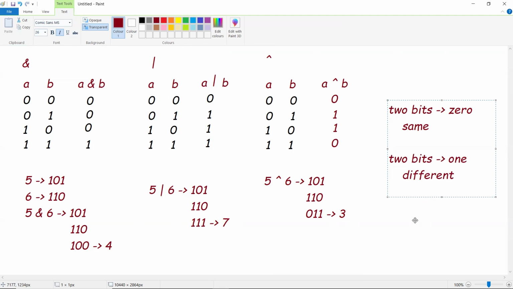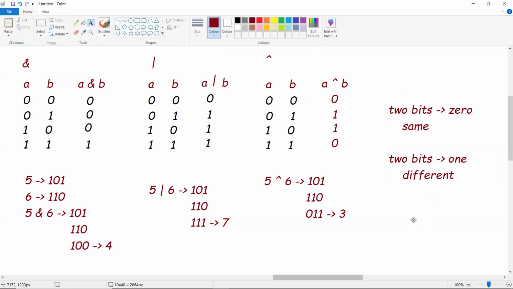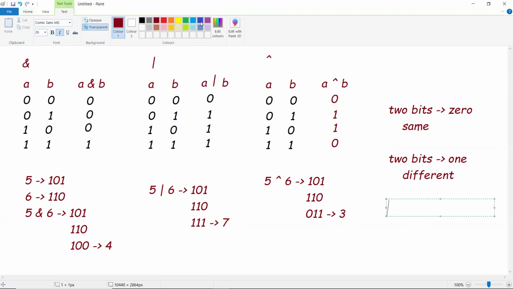If you want to take one more example, let's say we are working on three individual numbers, like 4, 5, 6. So the 4 value is 100, 5 value is 101, 6 value is 110. If you perform XOR among these three, let's see what we get.